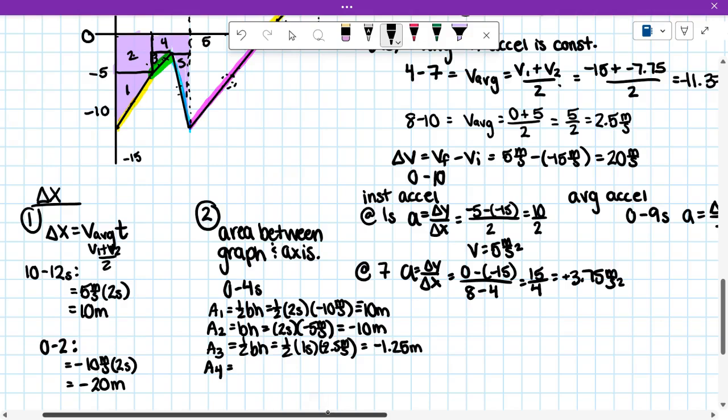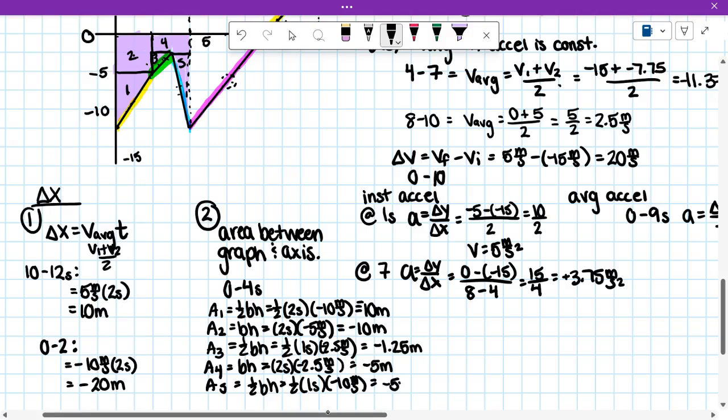Fourth area is a rectangle. So 2 seconds times -2.5 meters per second gives me -5 meters. And area 5 is a very skinny triangle with a base of 1 second and a height of, it looks like, -10 meters per second.